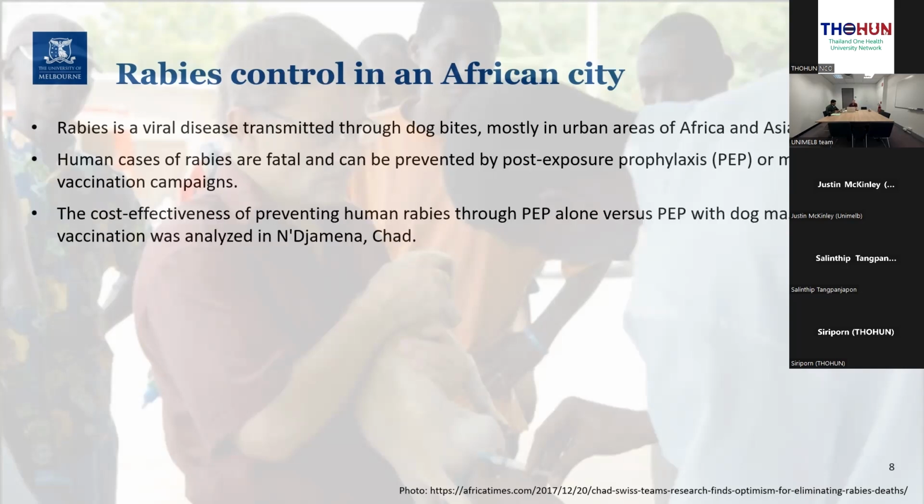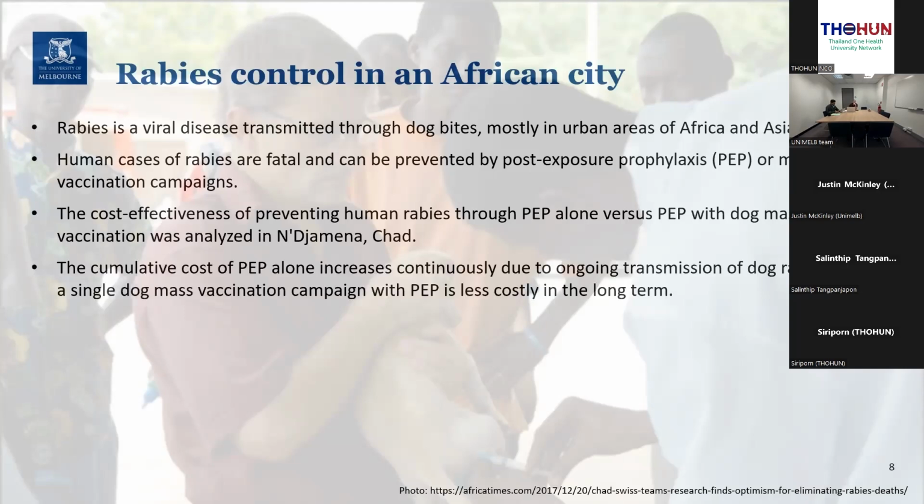There was a study done in Chad that looked at the cost of an intervention with a mass dog vaccination campaign versus the business as usual of just PEP. They looked at the cumulative cost of PEP alone and the cost of the dog vaccination plus PEP, because even with dog vaccination, some exposed humans will still receive PEP.